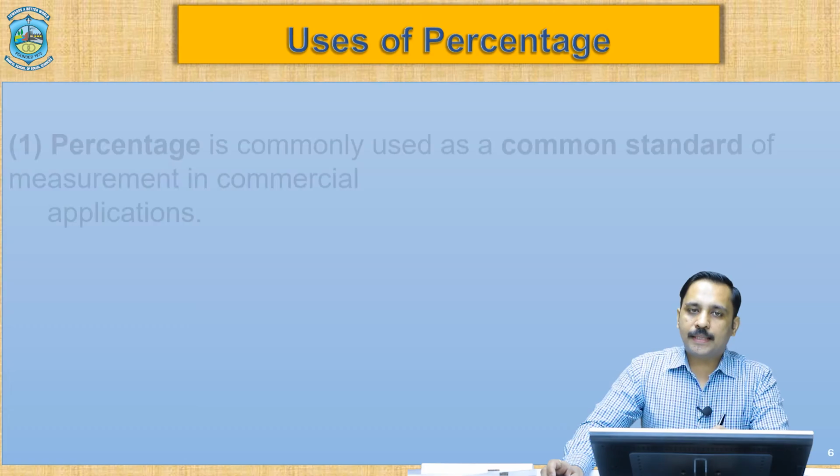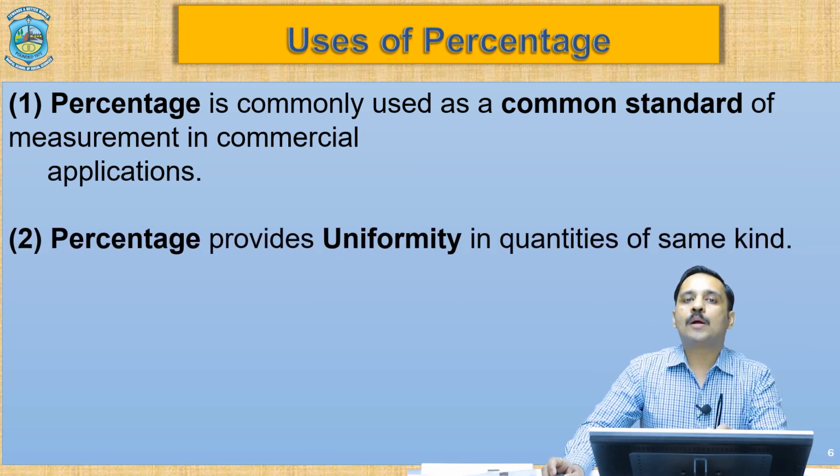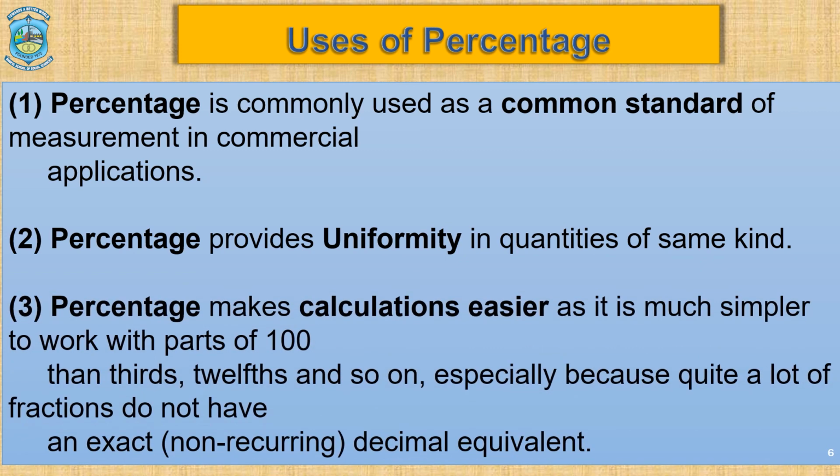Let us see some uses of percentage. Percentage is commonly used as a common standard of measurement in various commercial applications. It provides uniformity in quantities of the same kind. Percentage makes calculation easier as it is much simpler to work with parts of 100 rather than 2/3, thirds, twelfths and so on, especially because quite a lot of fractions do not have an exact, that is non-recurring decimal equivalent.